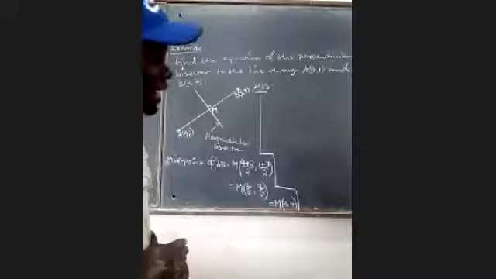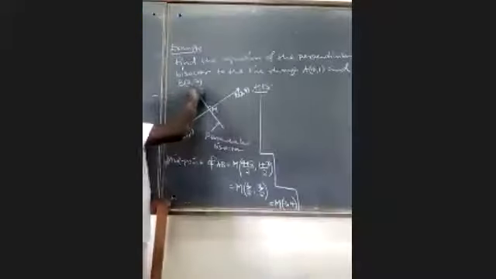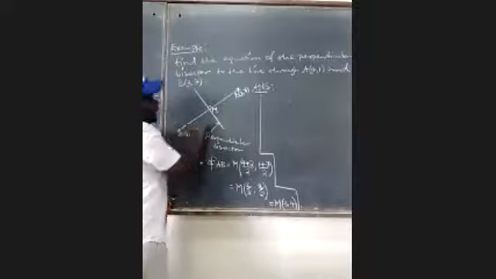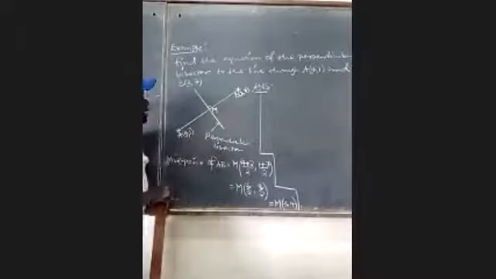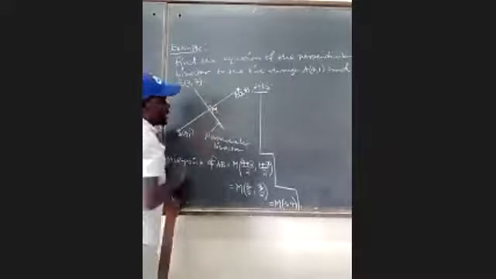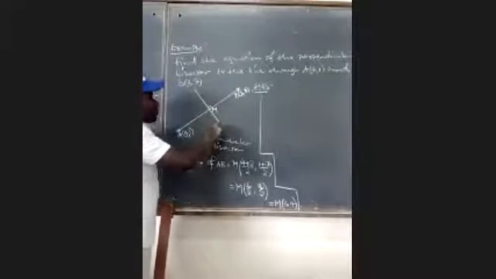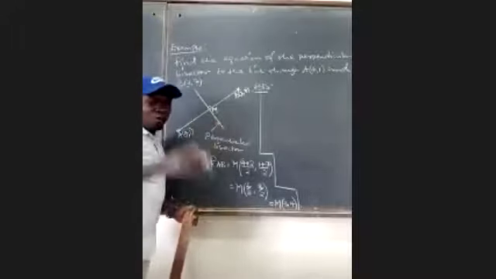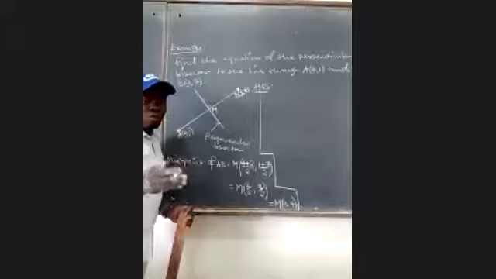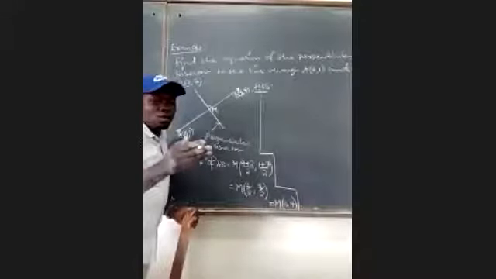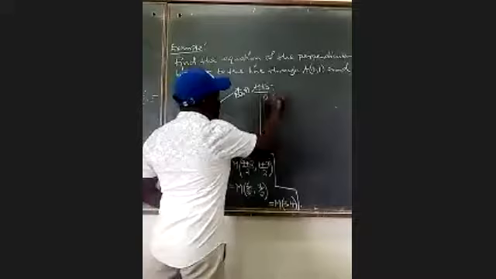To get the gradient of this perpendicular bisector, we need the gradient of AB. And since the two lines are perpendicular, the gradient of the perpendicular bisector will be got from M1 times M2 is equal to -1.